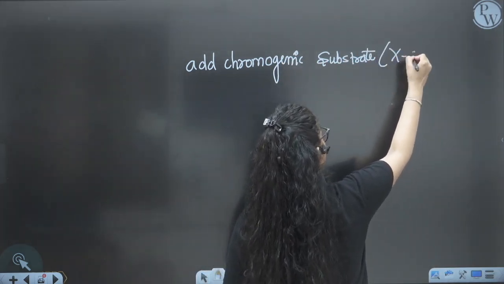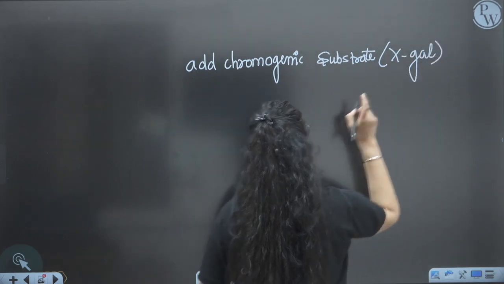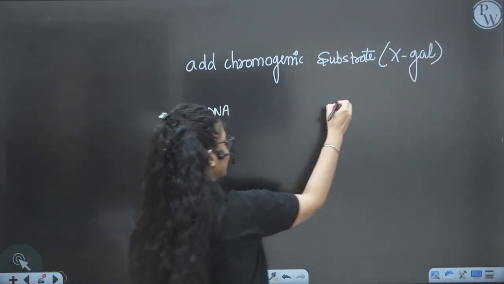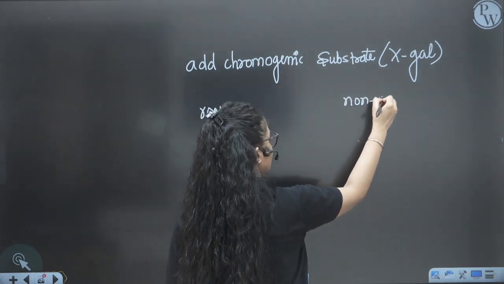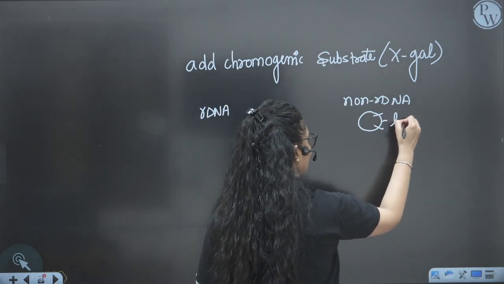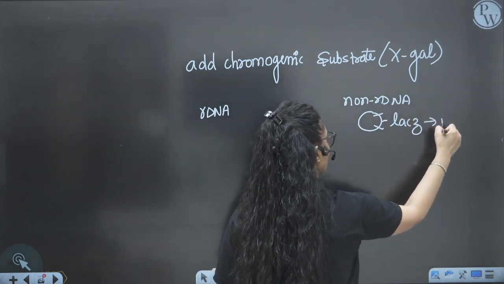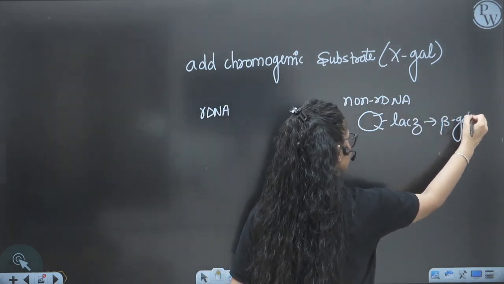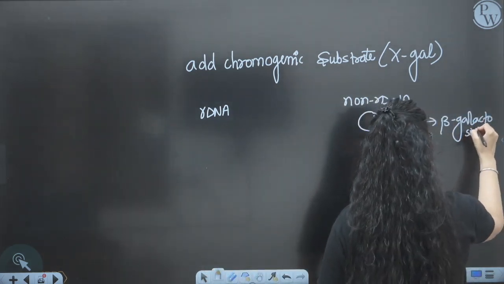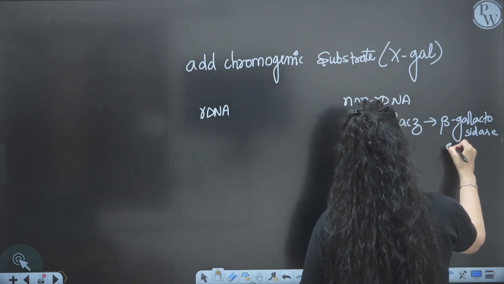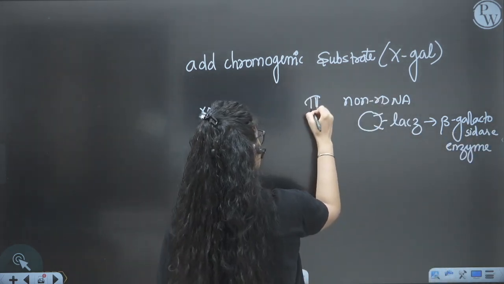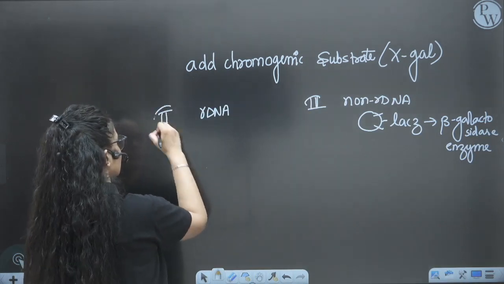So we have two conditions: one host with the recombinant DNA, the other with the non-recombinant DNA. Non-recombinant means the lacZ gene is intact, forming beta-galactosidase enzyme, right? So beta-galactosidase enzyme is produced in the non-recombinant DNA in the third condition.